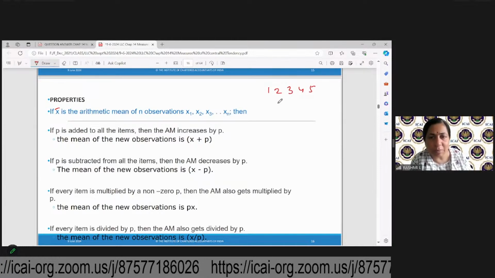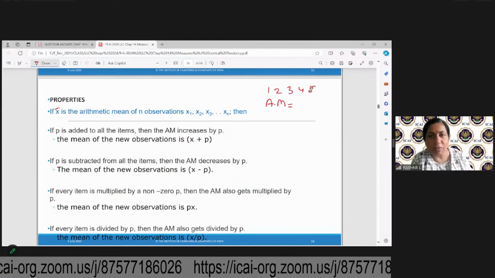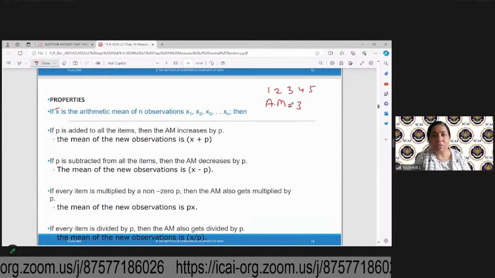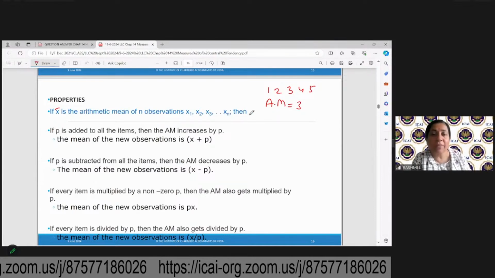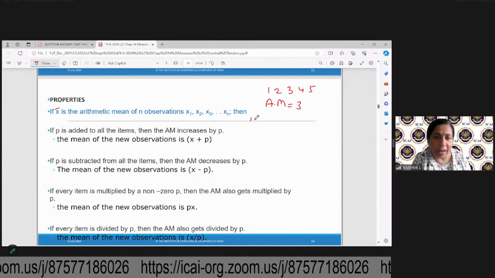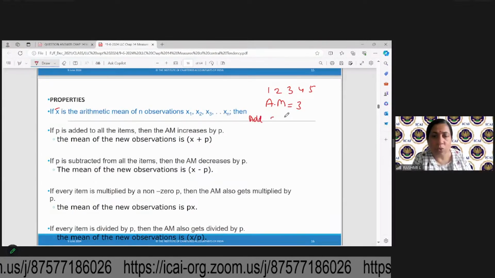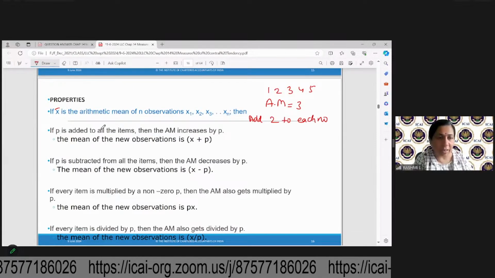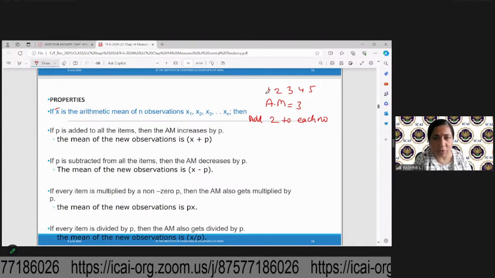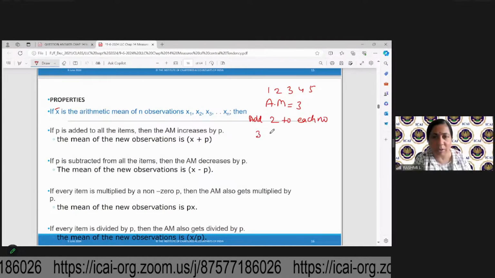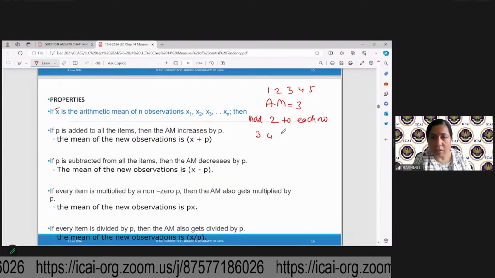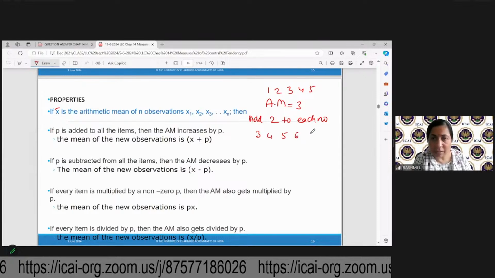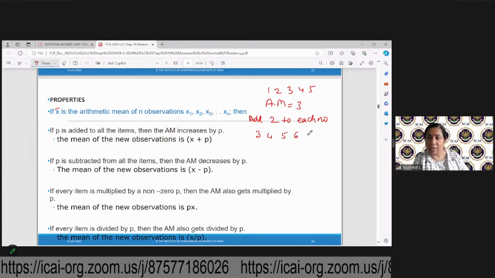What is the arithmetic mean here? 3. If I add 2 to each number, what will 1 become? 1 will become 3, then 4, then 5, then 6, and then 7.